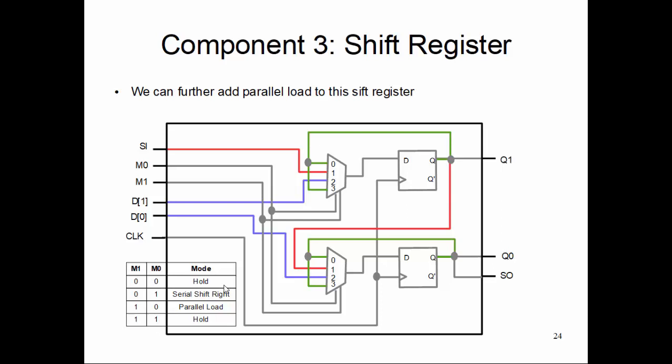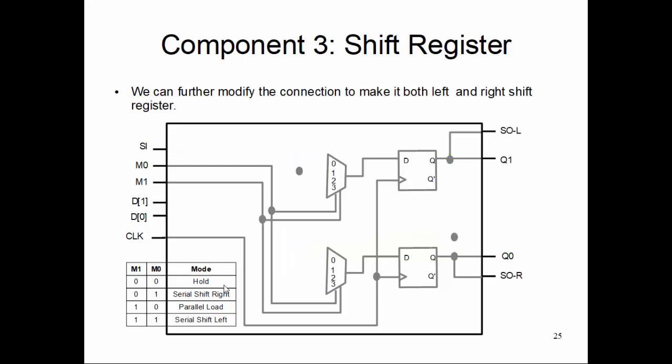This is, let's say, the scan out for the shift left, which is connected to Q1 and Q0 this way. So now I have mode 0 0 as hold and 1 1 as serial shift left. For hold 0 0, terminal 0 needs feedback from the corresponding flop to itself, so terminal 0 is connected with the Q of the corresponding flip-flop.